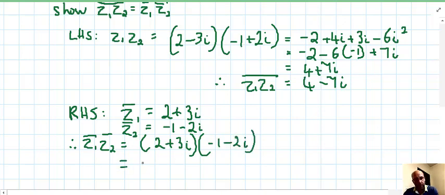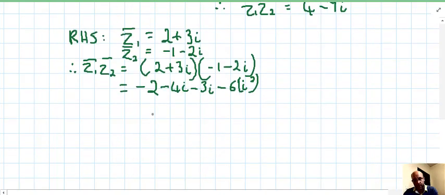Time to multiply, and we've got -2 minus 4i minus 3i minus 6i squared. Alright, i squared alert. We have i squared is -1.